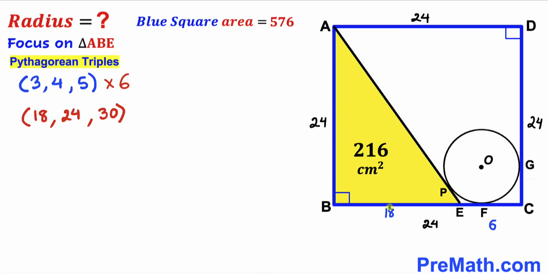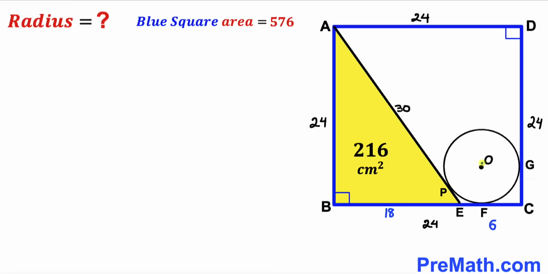We know this number is 18, 24. So therefore this hypotenuse has got to be 30 centimeter. And in this next step, I'm going to connect this center O with these points of tangencies P, F, and G. As you can see in this next step, I have connected all these points.